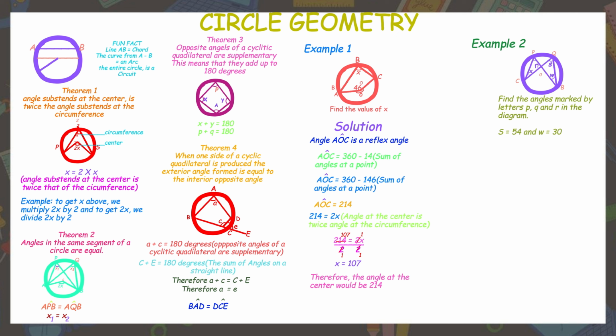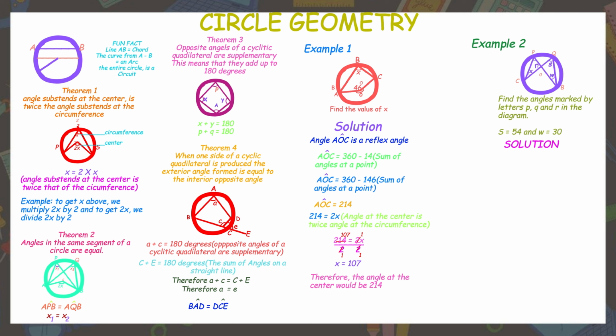So which theorem are we using? We are using the second theorem, theorem 2. And what does theorem 2 say? It states that angles in the same segment are equal. This is the first segment, APQ, while the second one is AQB.